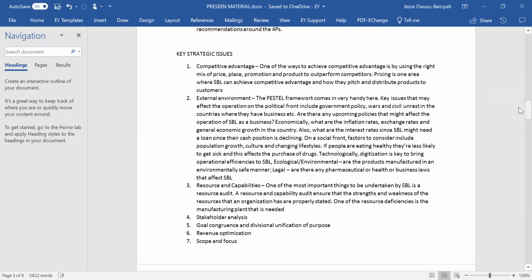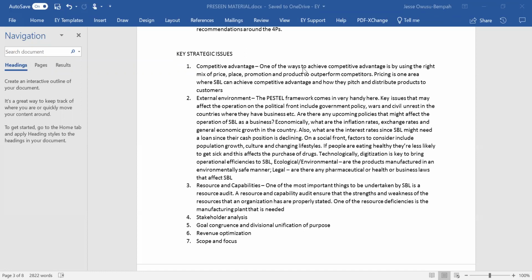Yes, please. Okay, now you move on to key strategic issues. There are plenty of them. Number one, competitive advantage. You can achieve competitive advantage in several areas.